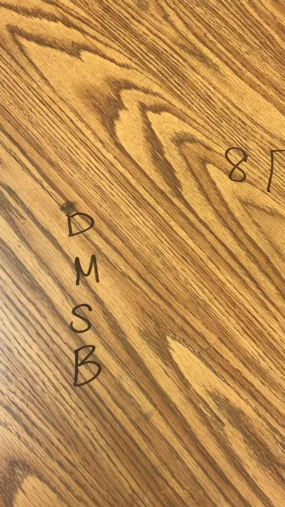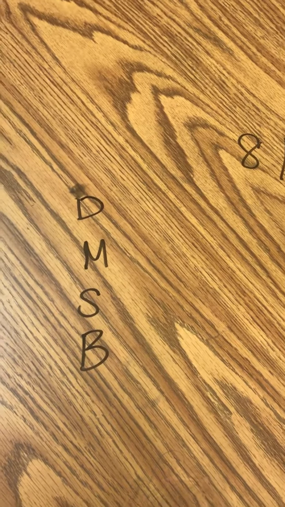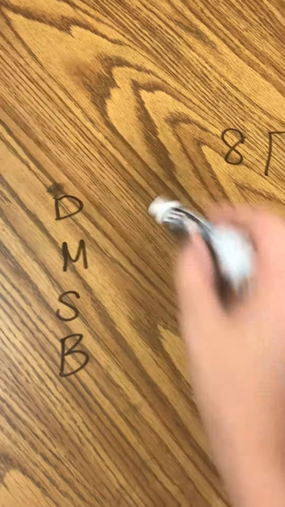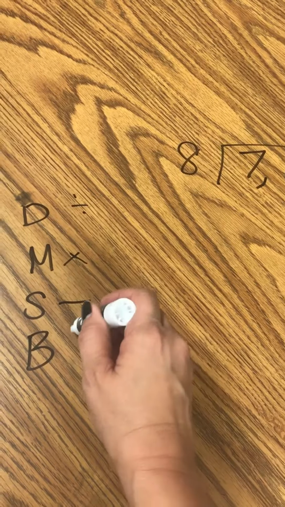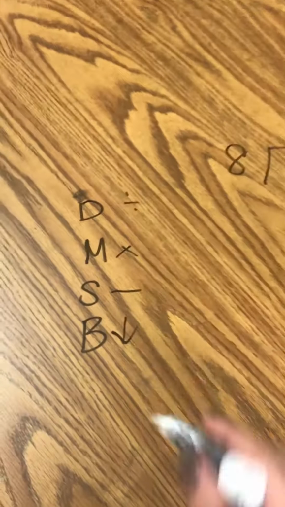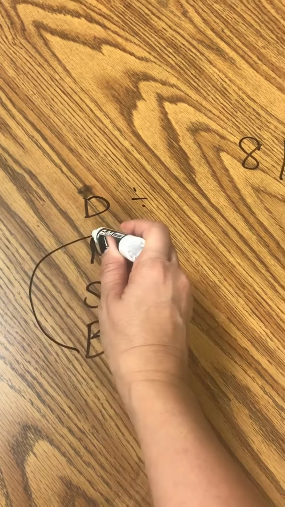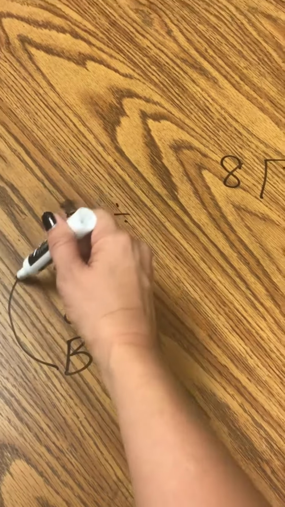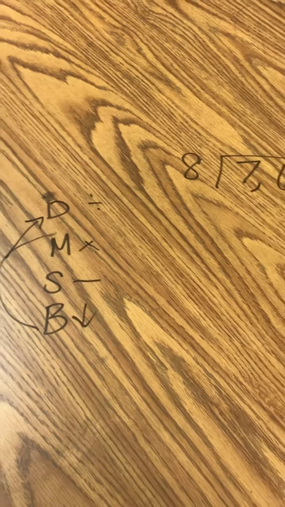We also said that stands for Does McDonald's Sell Burgers. The D stands for divide, the M stands for multiply, the S stands for subtract, and the B stands for bring down. This is the process we use, and we repeat it over and over again, depending on how many digits we are dividing.